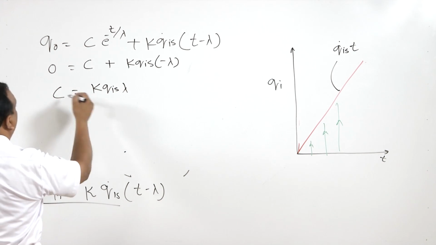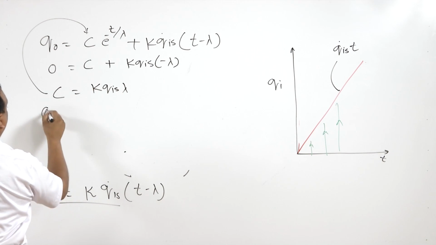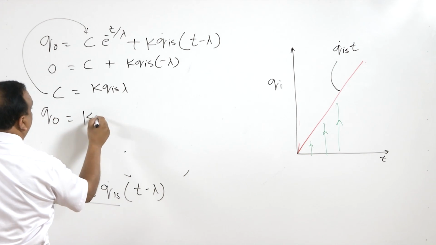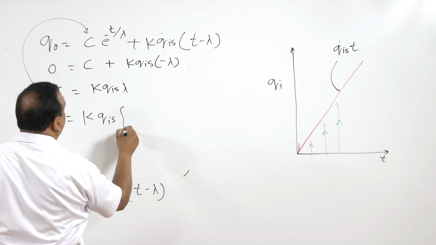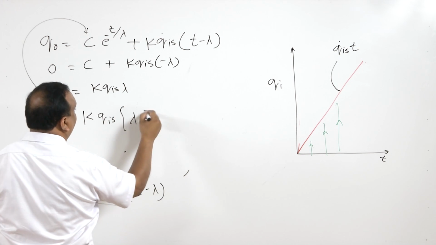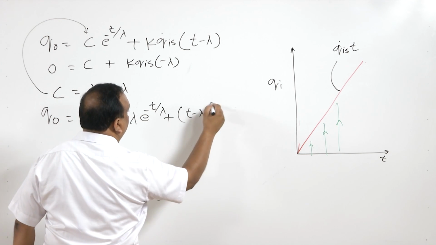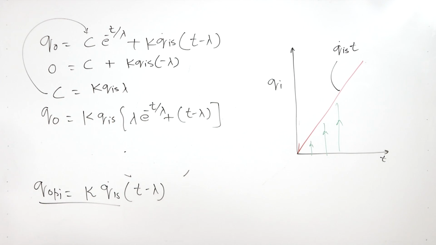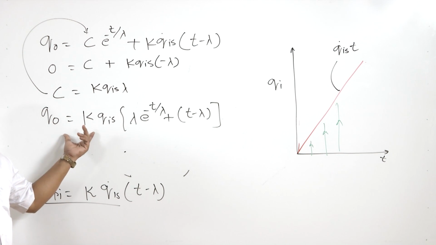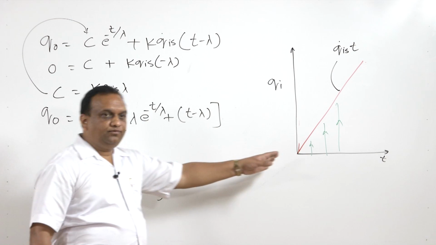Now by putting this value c here in this equation, we will get Qo equal to k Qis dot lambda e raised to power minus t by lambda plus t minus lambda. This is the response equation for ramp input to a first order system.